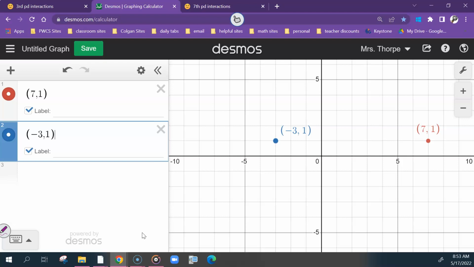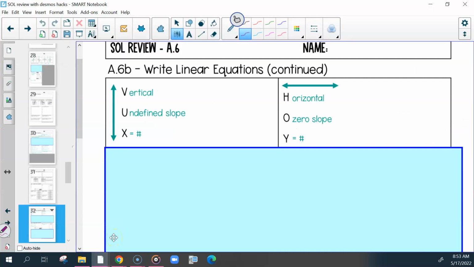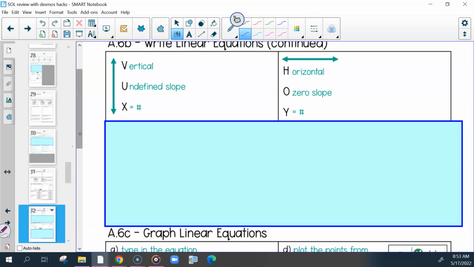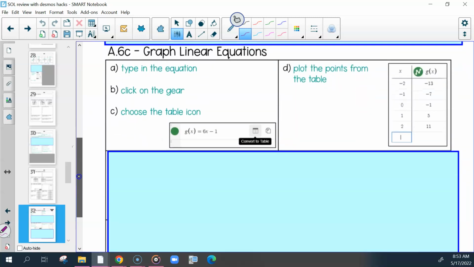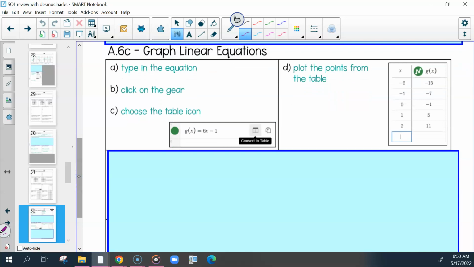Are there questions in that section? Anyone still need this part? For graphing linear equations, part A, type in the equation. Part B, click on the gear. C, choose the table icon.